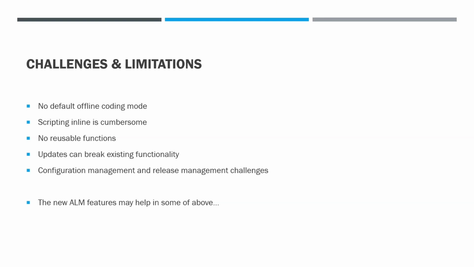One of the other things is, since this is all online, essentially you are writing your code in a sandbox, and the sandbox make.powerapps.com is being maintained by Microsoft, and it gets constant updates every couple of months. So there is a teeny tiny chance that your existing code will break.